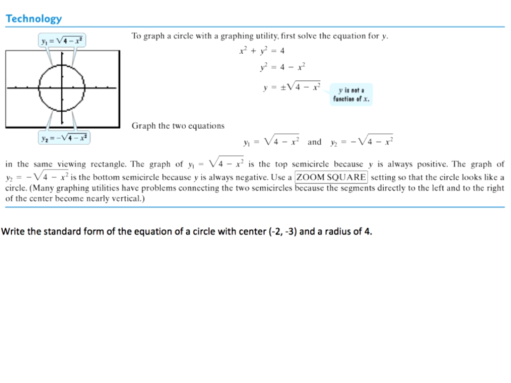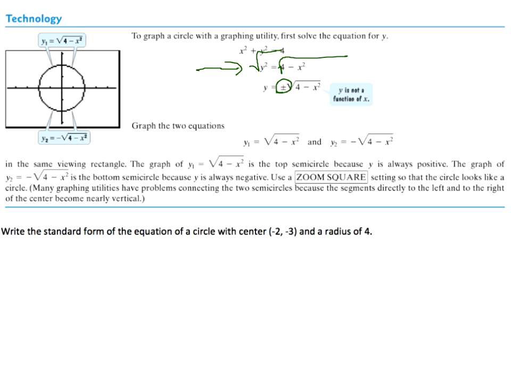So here's a note about technology, about your calculators. Because circles are not functions, if you want to graph a circle on your calculator, you have to do it in 2 different pieces. That's all this part is saying. So when you get to this point of the equation, the next step is to take the square root of both sides. Well, when you take the square root, you have to take into consideration the positive and the negative.